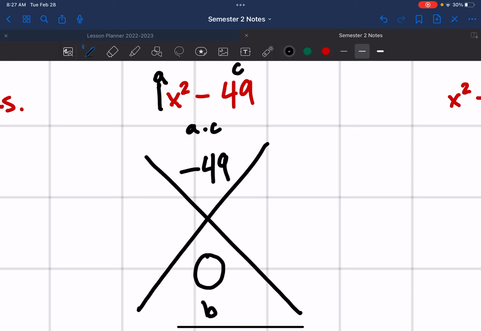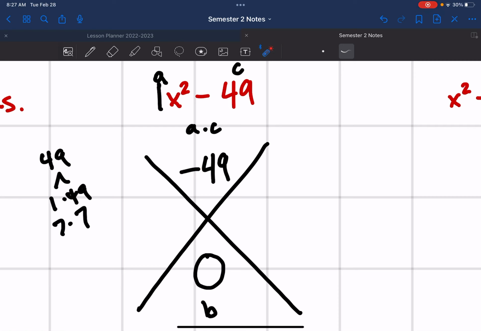Per the usual, you are going to start writing out your factors. So I'm looking for something that will multiply to give me 49. So I know 1 and 49, 2 doesn't work, 3 doesn't work, 4, 5, 6, 7 works though. Yeah, 7 times 7. And I think that's about it for 49. And then I'm going to figure out which one of those pairs will subtract to give me 0. Remember, we're subtracting because this is a minus sign up here.